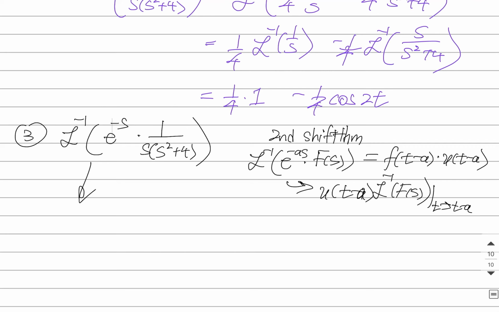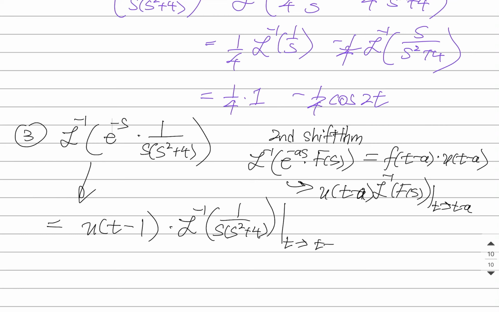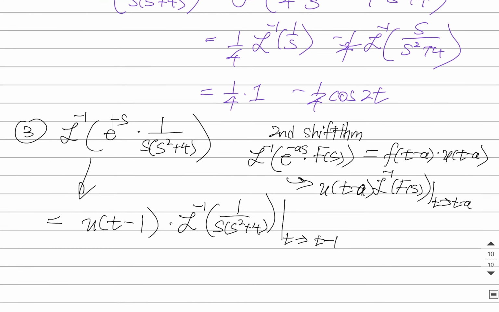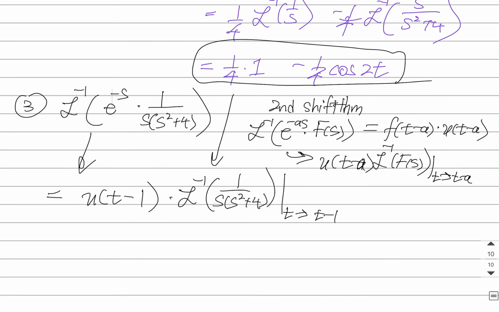Okay, so let's apply it here. So this is going to be a unit step of t shifted to t minus 1, inverse Laplace transform of this expression, and whatever the result is, a function of t, and then I'm going to shift that to t minus 1. Well, I already know what that result is. I just did it. And so because I just did it, I know exactly what to write down.